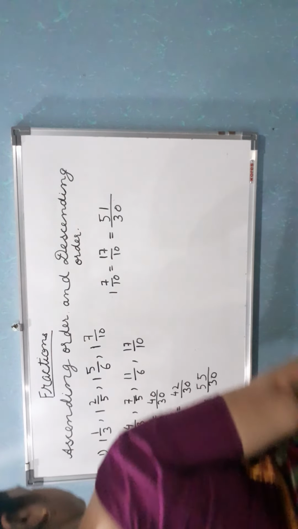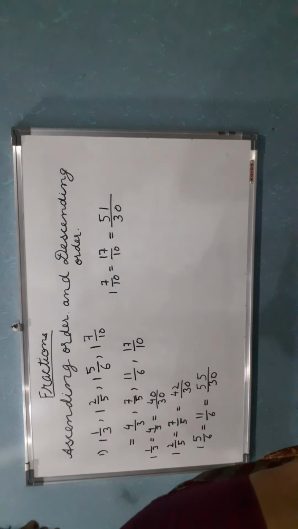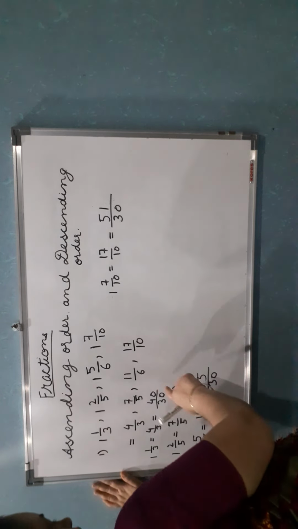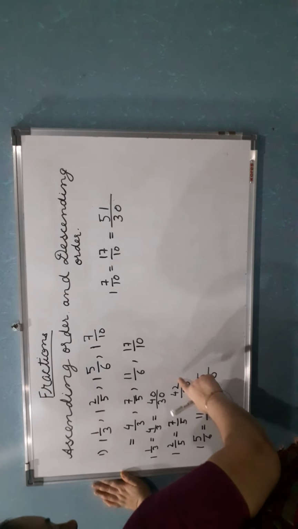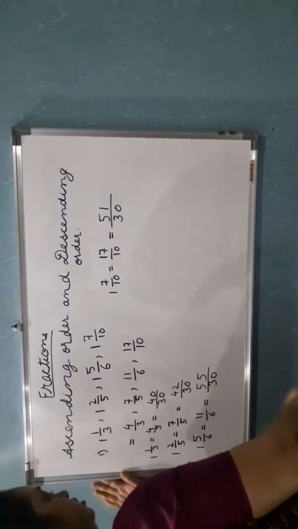Okay. Now write in ascending order. This is smallest, then this one, then this one, and last this one.